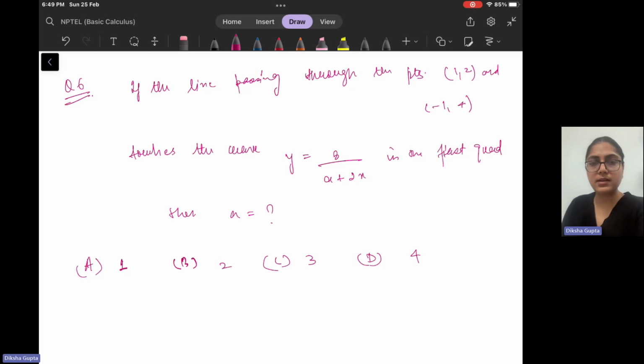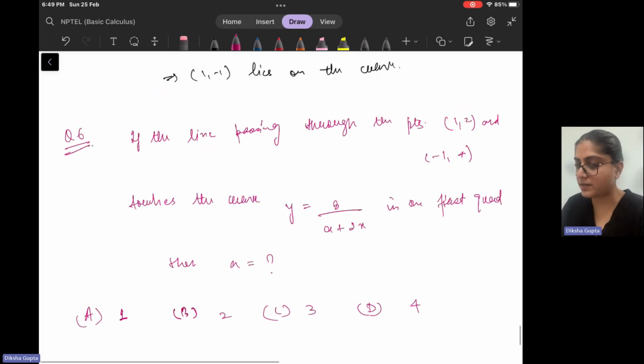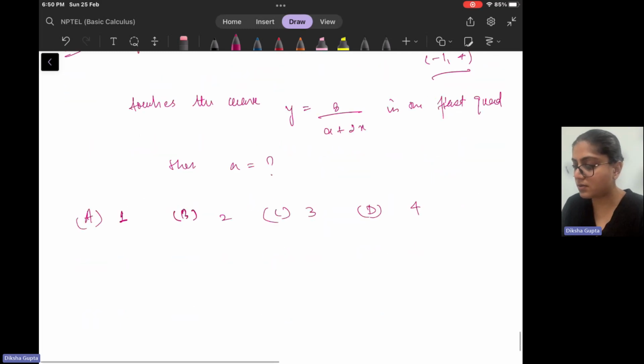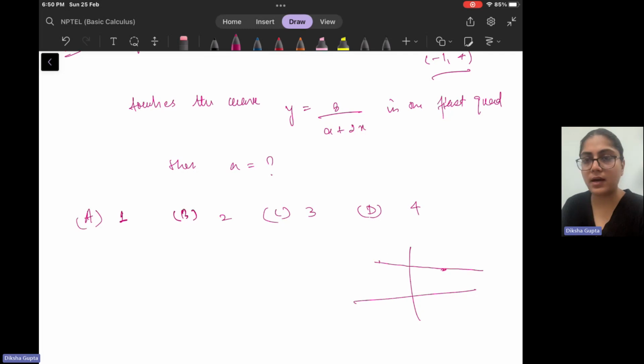So you are given that there is a line passing through 2 points, and it touches the curve. Suppose this is the line through (1, 2) and (-1, 4) somewhere here, and it touches the curve in the first quadrant. Something like this is the curve.